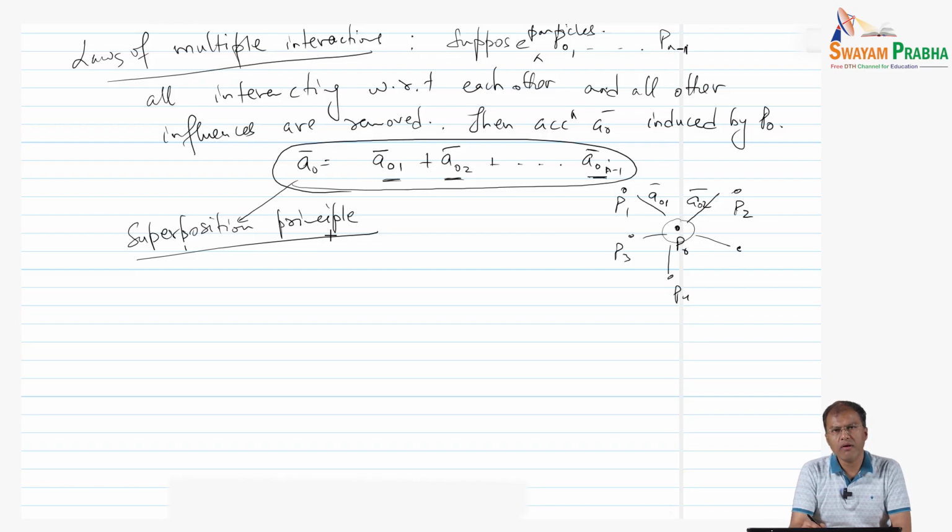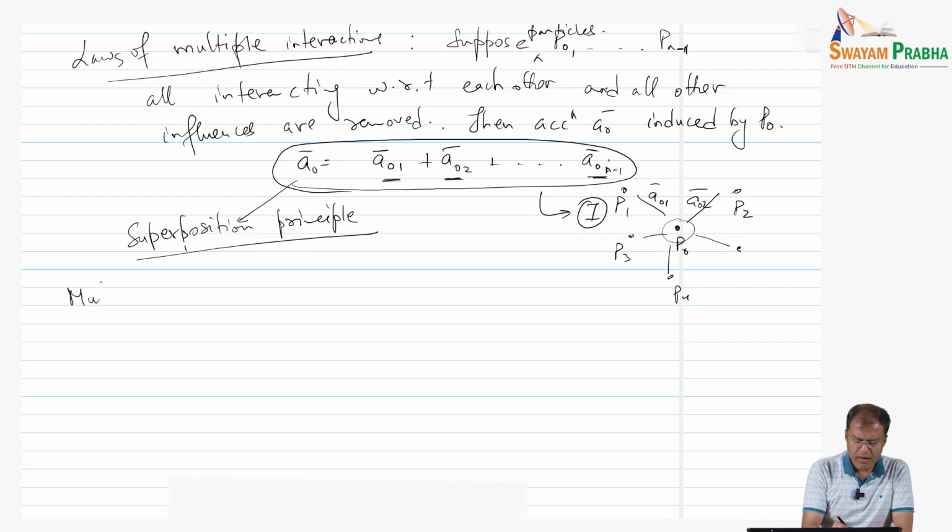So that is the principle of superposition. That is, the individual interactions can be added assuming all the other interactions are absent, and that creates this linear law of superposition.